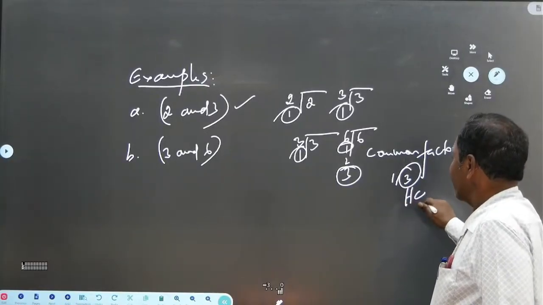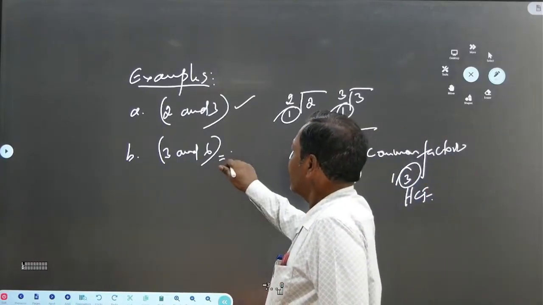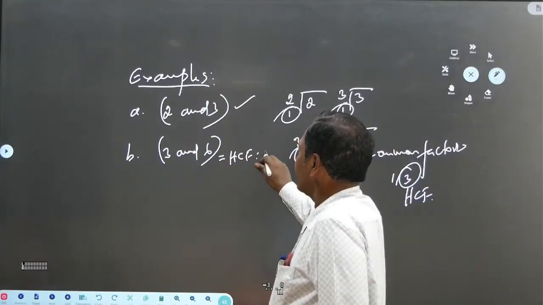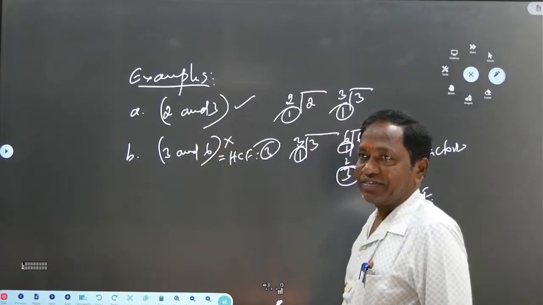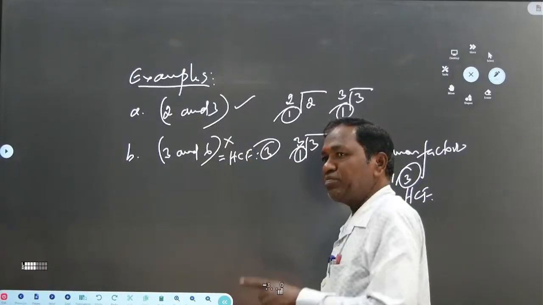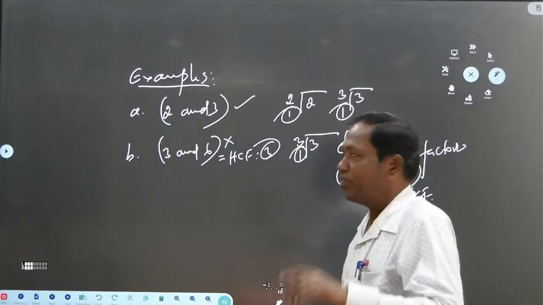This is the HCF. Here the HCF is 3. So this is not co-prime numbers. It means both the numbers must be divisible by 1 only, then it is called co-prime numbers.